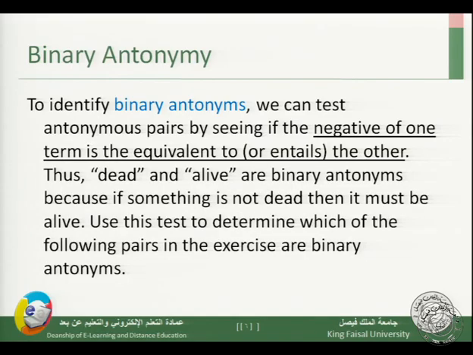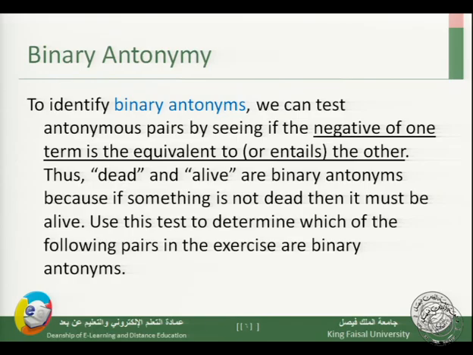The first type is binary antonyms. So to identify binary antonyms, we can do a test. We can test them by seeing if the negative of one of the pair gives us the other, and if it is the equivalent of the other or entails the other. So for example, if you have dead and alive, if we say that someone is not dead, that means he is alive.